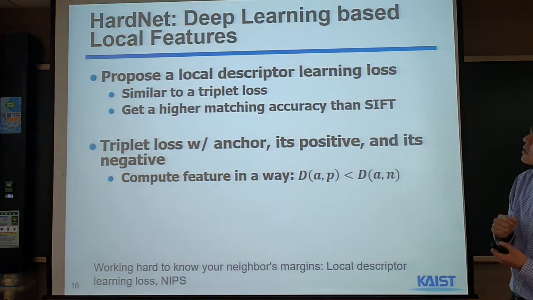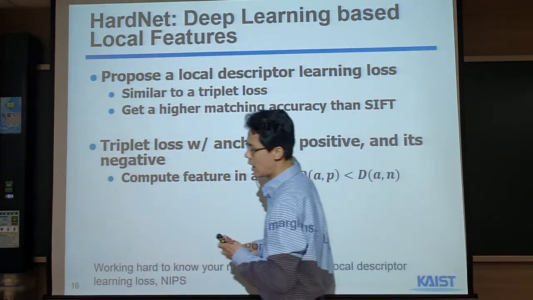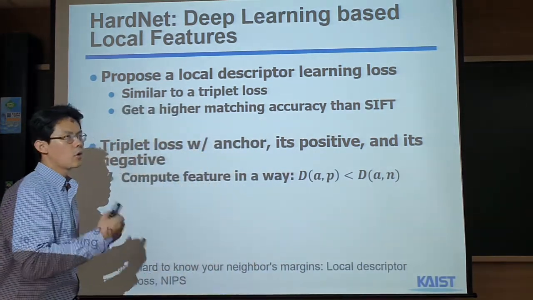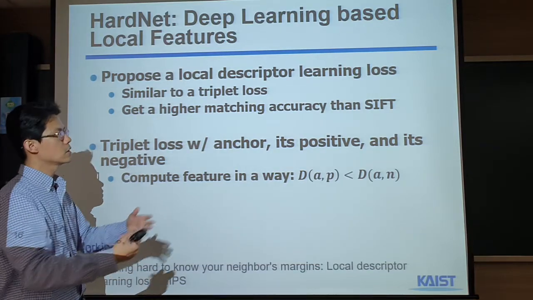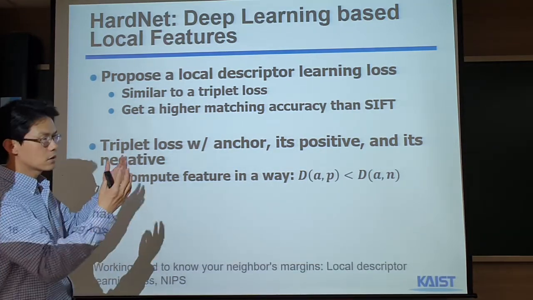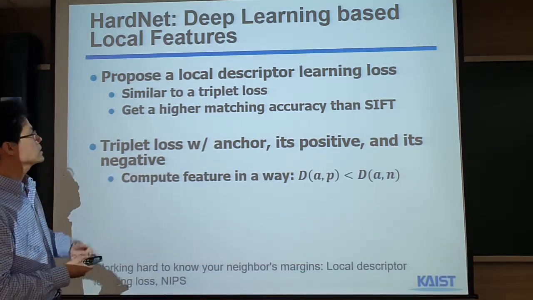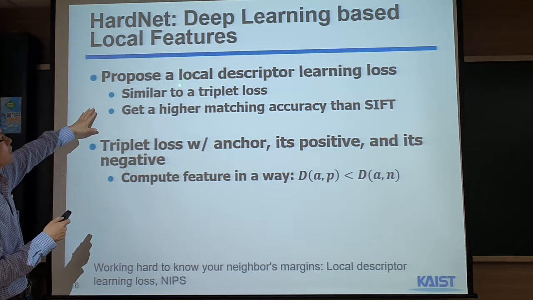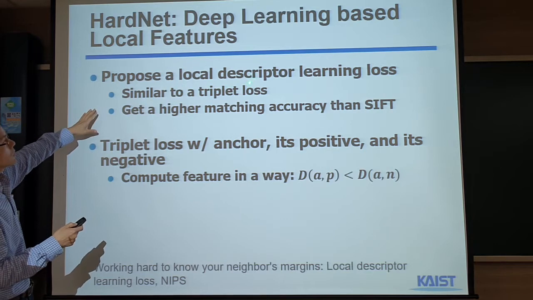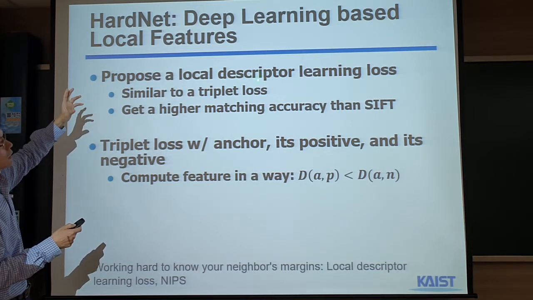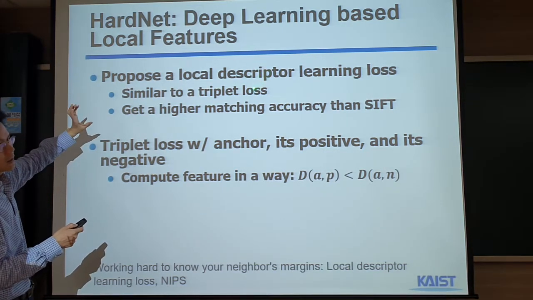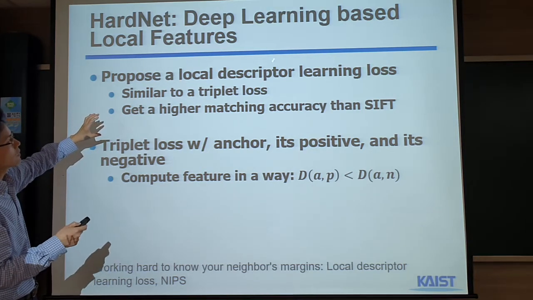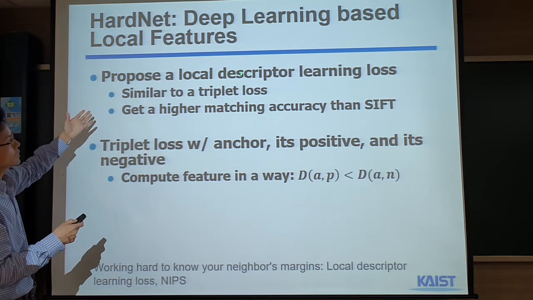But this one talks about how we can design a feature descriptor that is more adapted to the locality of an image patch. They mainly aim to propose a local descriptor, and they design a dedicated loss function for extracting this very good local descriptor.